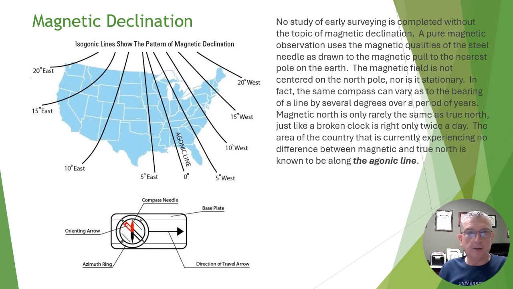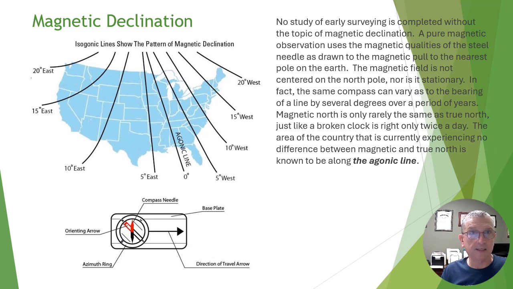Now, talking about compass bearings. No study of early surveying is complete without the topic of magnetic declination. Maybe you've never heard of this before. A pure magnetic observation uses the magnetic qualities of a steel needle, polarized as a piece of metal, to respond to the magnetic field of the Earth, to the magnetic pole.